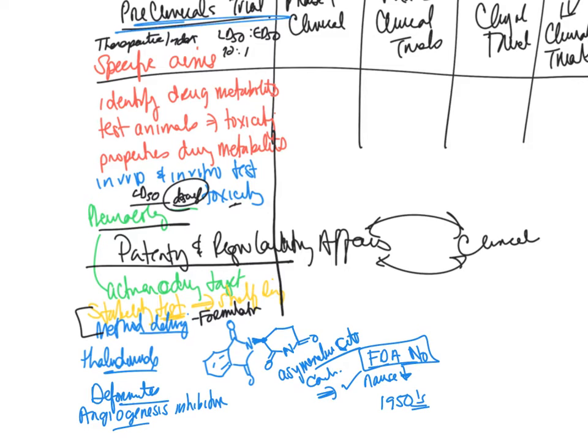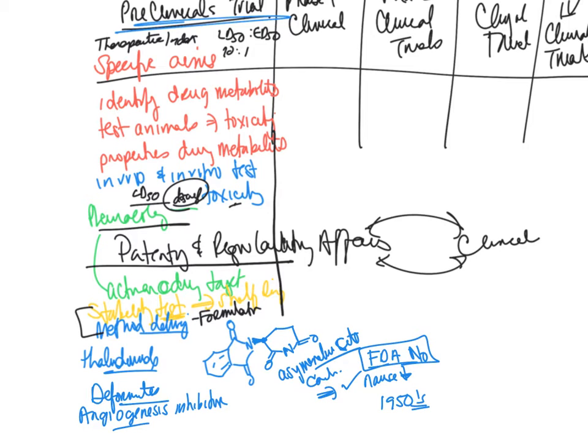So if you think about the placenta, what you need is new blood vessel growth constantly, and this is constantly stopping that blood vessel growth. And so the babies grow with these deformed limbs. And the FDA said no.